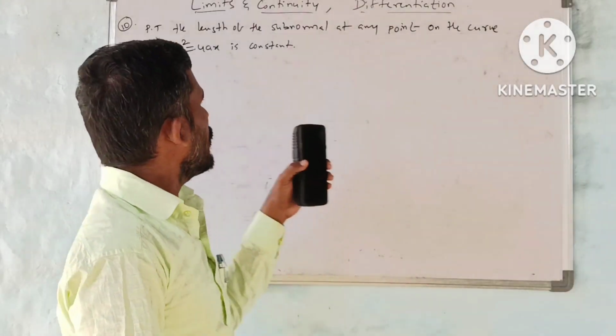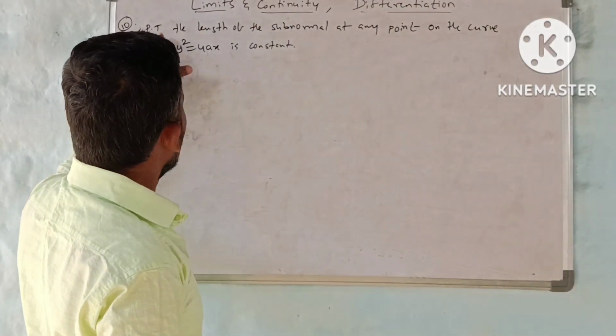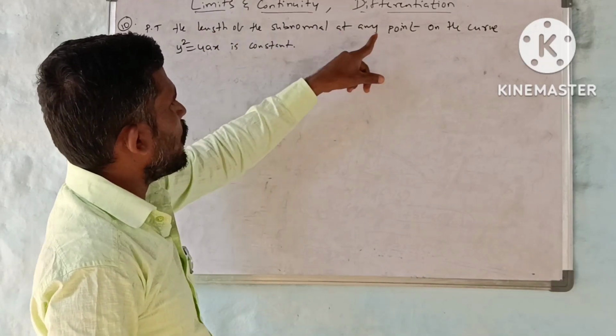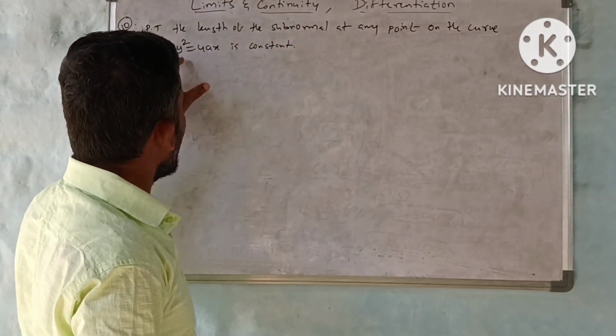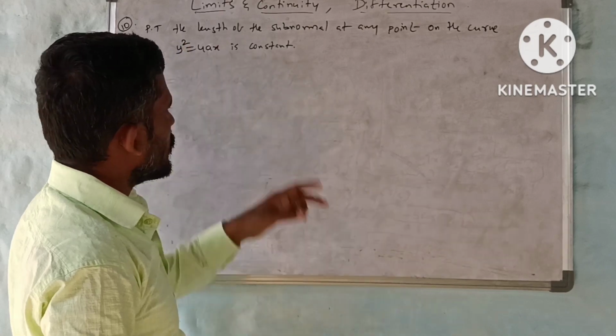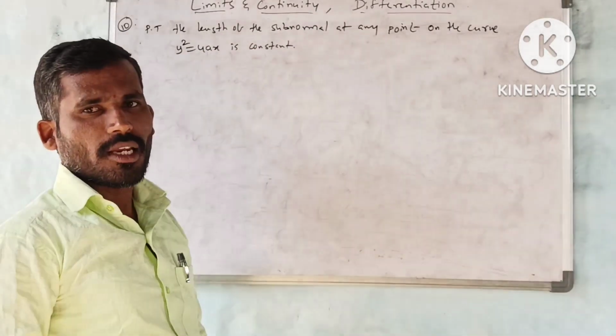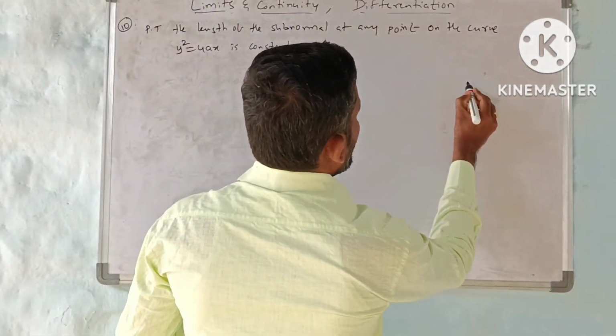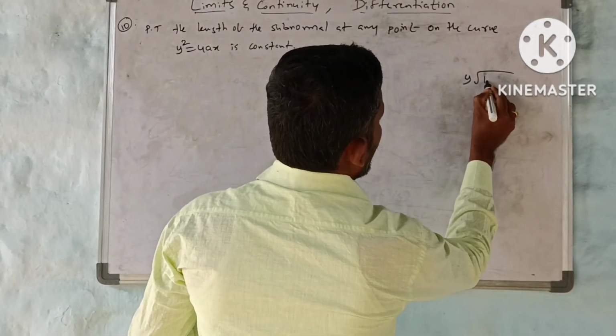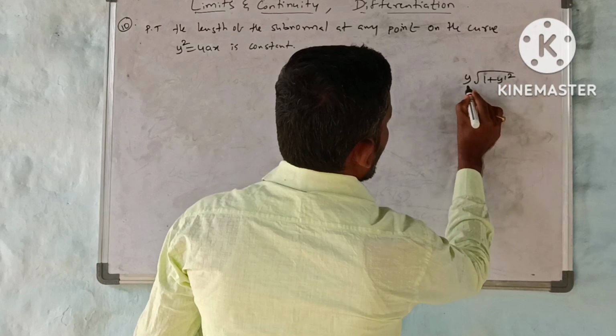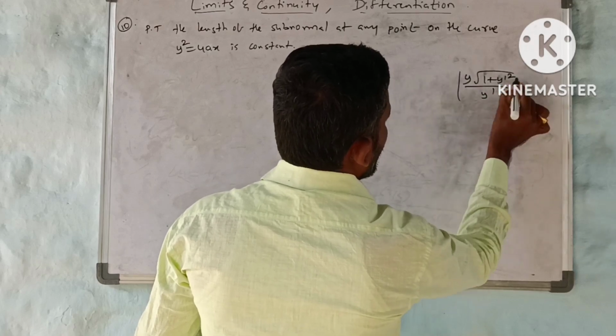Next problem, the 10th one. Prove that the length of the subnormal at any point on the curve y square equal to 4ax is constant. In the previous problem he asked for the length of the tangent. The length of the tangent is y the square root of 1 plus y dash square by y dash.